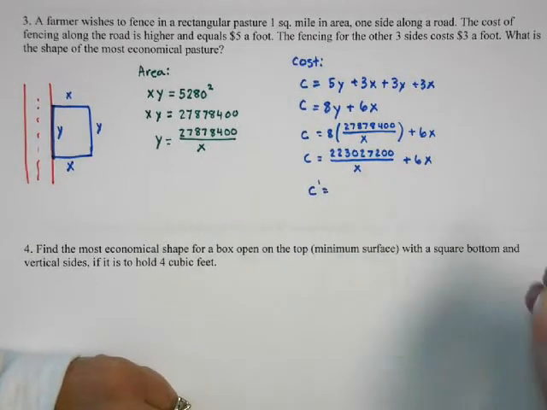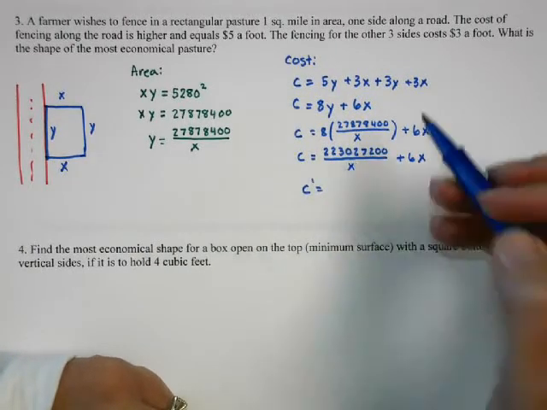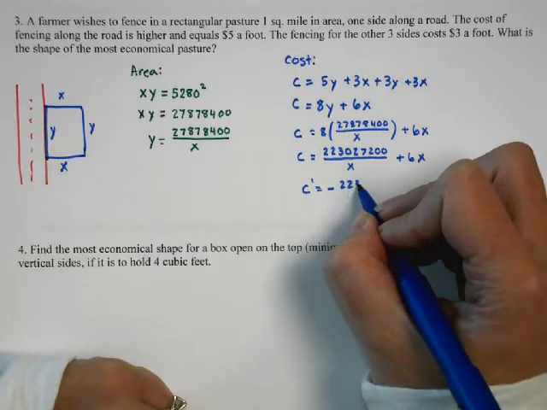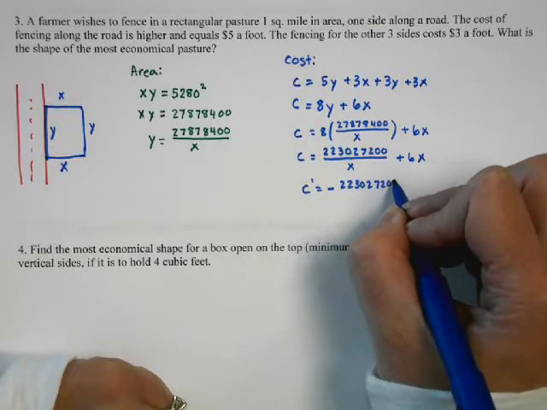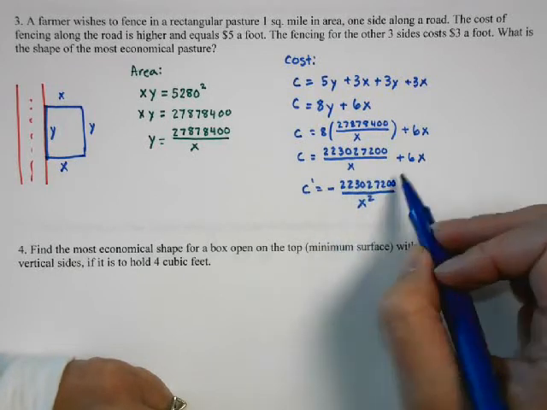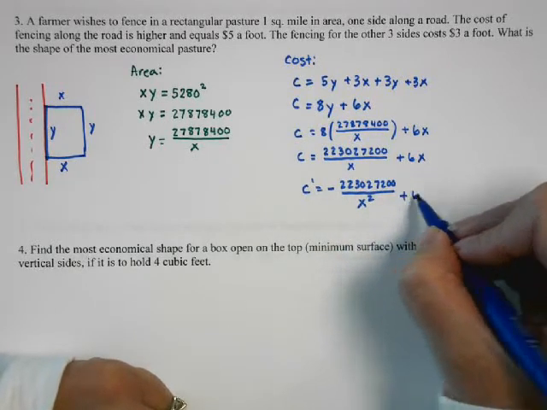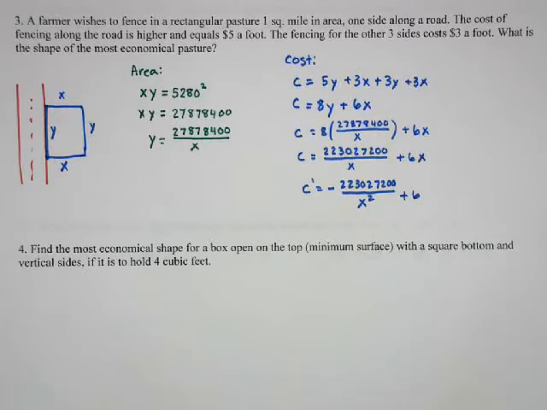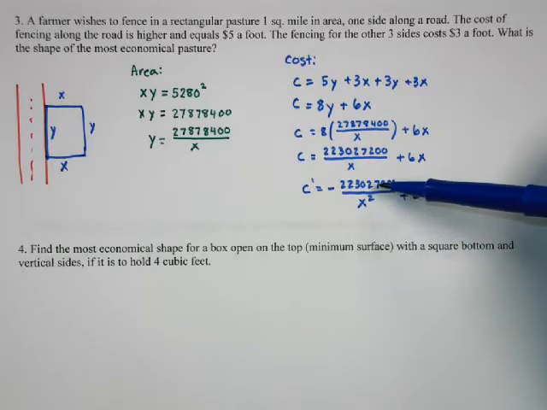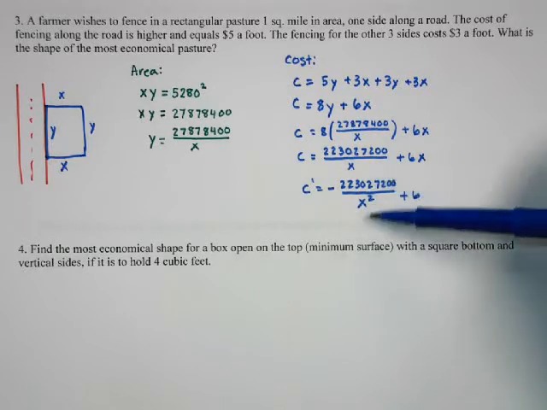So we're going to take the derivative. The derivative of this is going to be negative that number over x squared, because it's the derivative of 1 over x, and then that's just a constant, plus 6. Okay. If you were to take the derivative of this, you'd end up with a positive this number times 2 over x cubed.